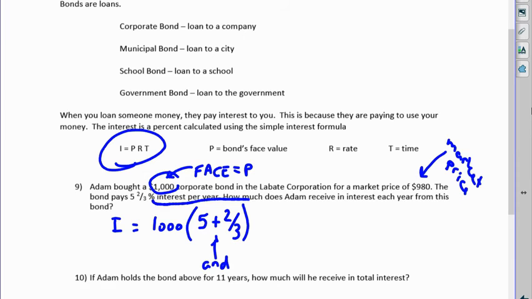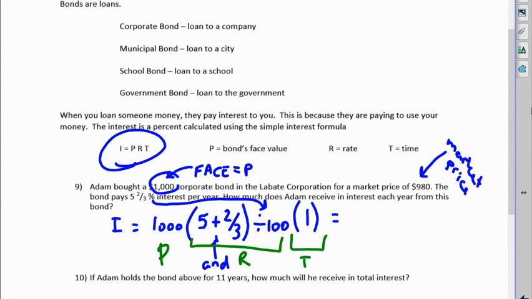Now my percent symbol. What does the percent symbol mean? Divide by 100. So far I've done the P and I've done the R. Now I have to look at T. How long is this thing for? 1 year. So I don't really need to write it even for a bond.